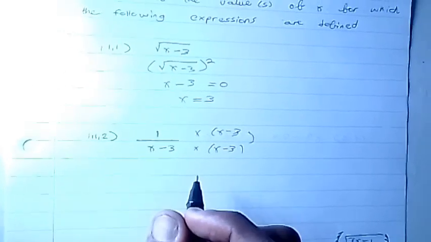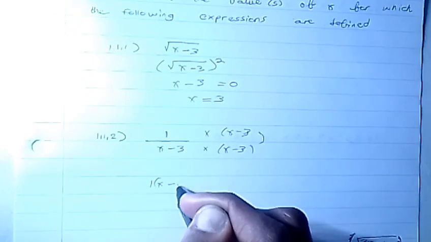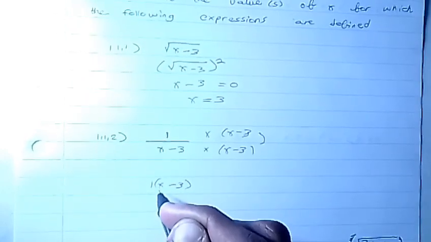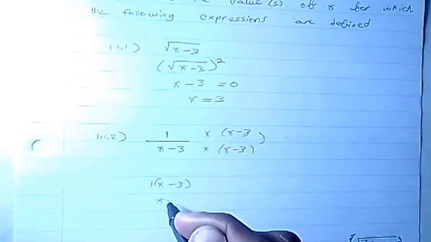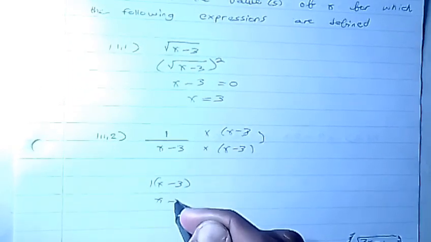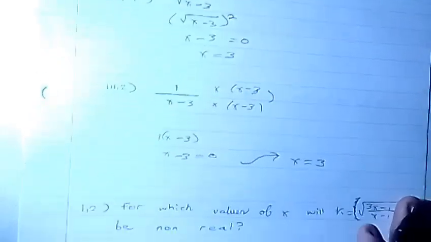So it's going to be 1 brackets x minus 3. 1 times x is x, 1 times negative 3 is negative 3. This actually equals 0. So x is going to be equal to positive 3.